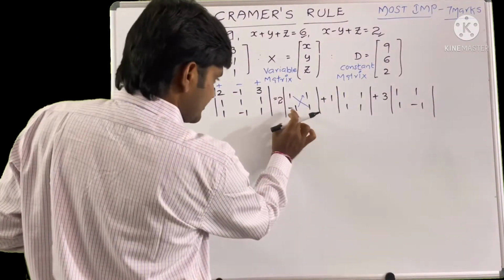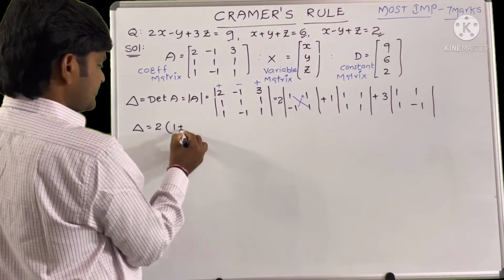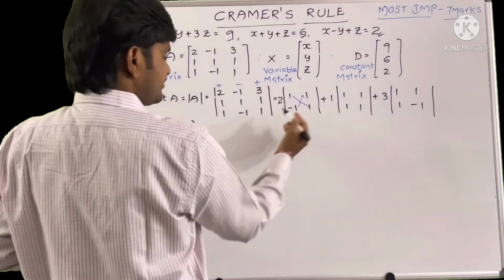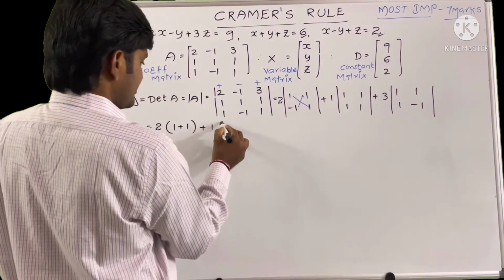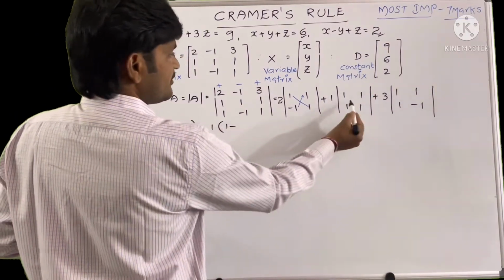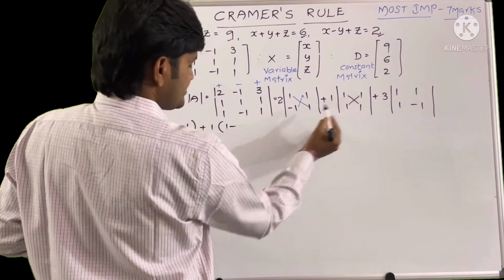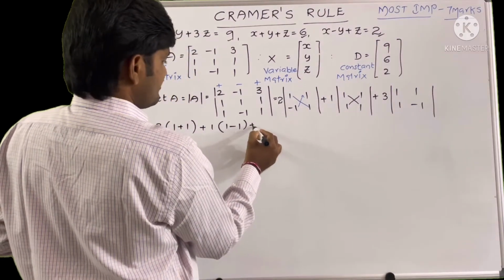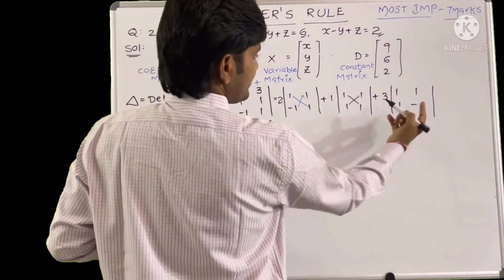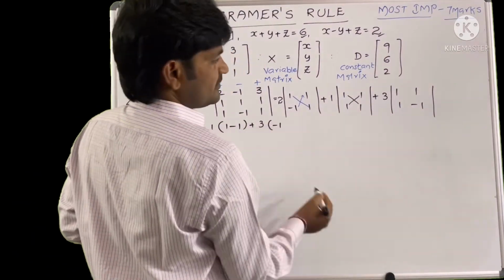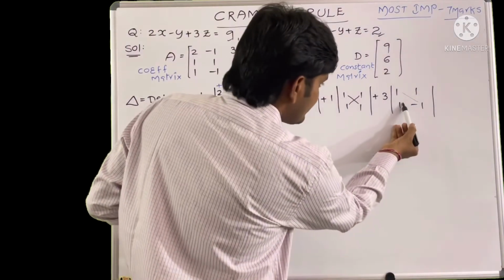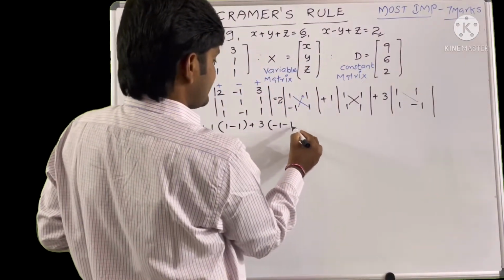That minus and this minus becomes plus. 1 1 is a 1. And this one is plus 1 into 1, 1 is a 1, minus 1, and this is minus 1 plus 3 into 1 into minus 1 is minus 1. 1 into minus 1 is minus 1. Now down to up is minus 1.